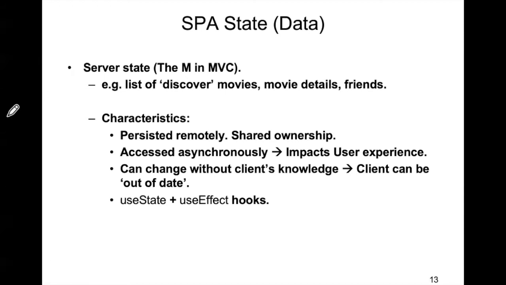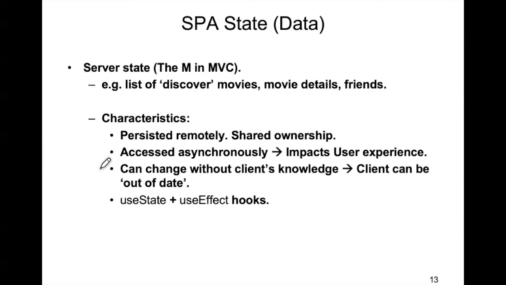The second line, I'm saying that it's accessed asynchronously, which characterizes it differently from client state. And of course, once you talk about asynchronous accessing of data, in particular in this case, that impacts on the user's experience because there's a latency component brought into question.